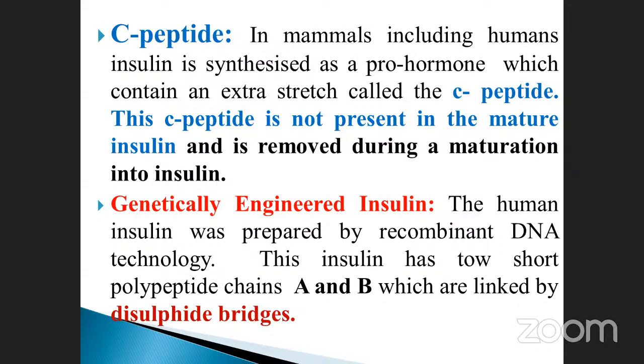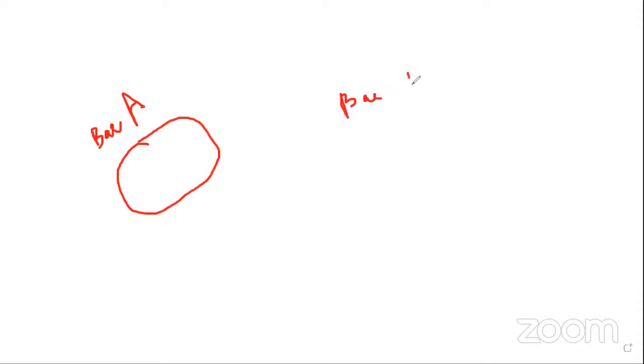See this one. This is considered bacteria A. Another one is bacteria B. Inside, there is an extra chromosomal body.